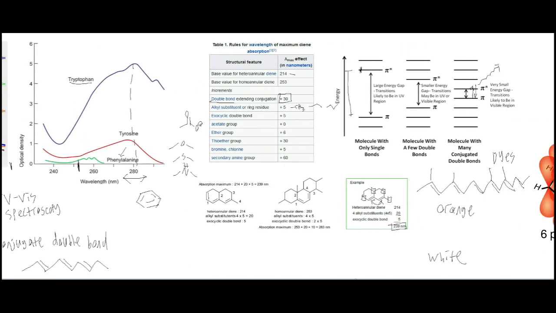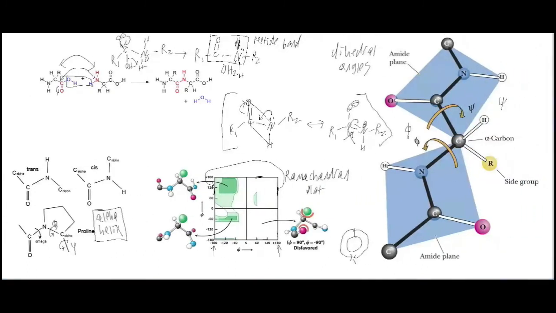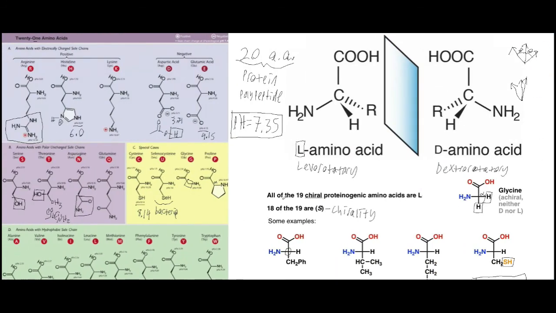We went over the various rules for that. I talked about the dihedral angles and the peptide bond formation. And I talked about the various modifications. So I think that was everything I wanted to talk about in this amino acid video.